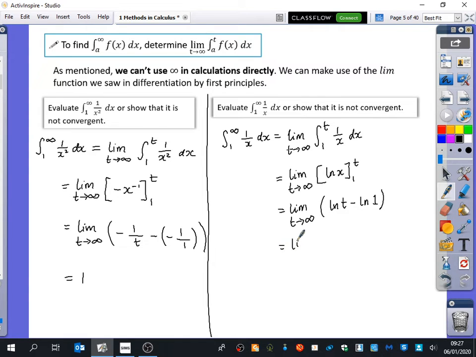So we've now got the limit, and maybe I don't need to write this extra line, but we've just got ln t. Now what happens as t goes to infinity? What happens to ln t when t becomes really big?